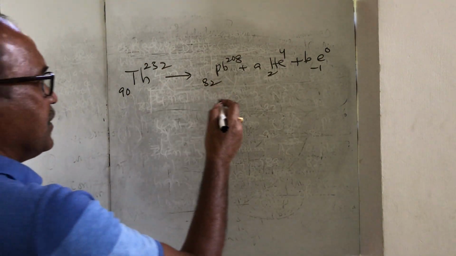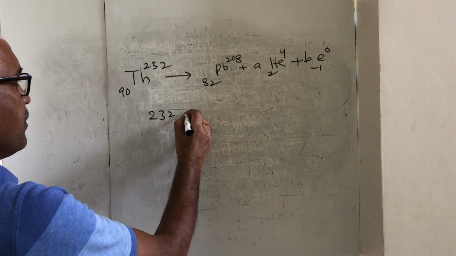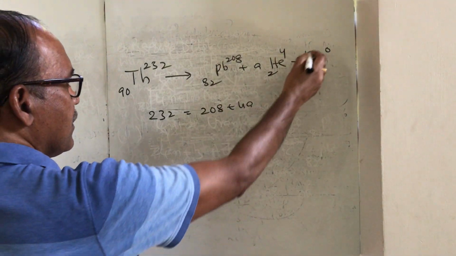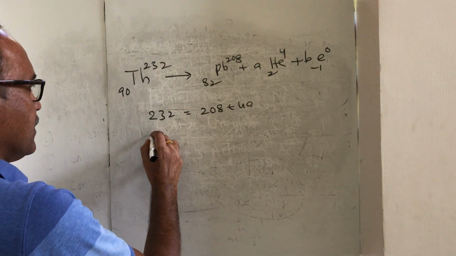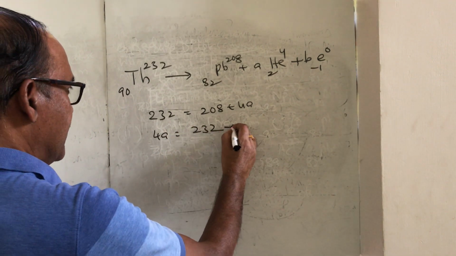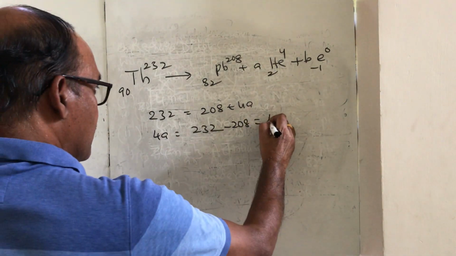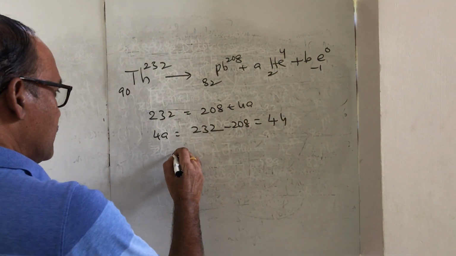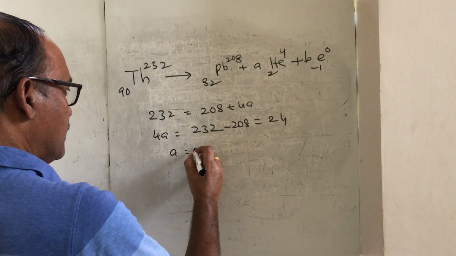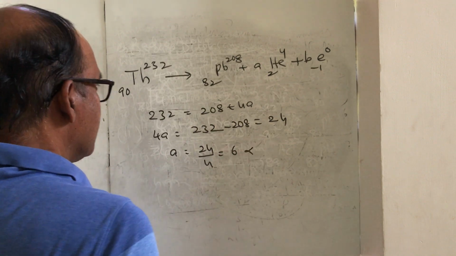To find the number of alpha particles, it is very easy to compare the mass numbers. 208 plus 4A equals 232, so 4A is 232 minus 208, which is 24. So A is 24 by 4, 6 alpha particles.